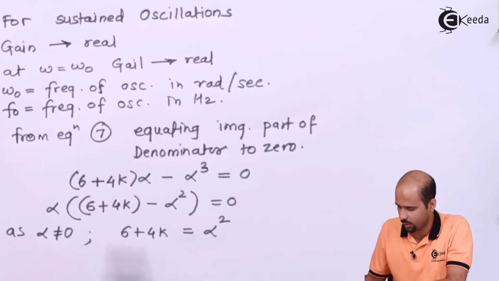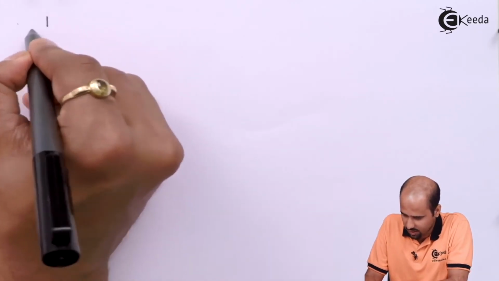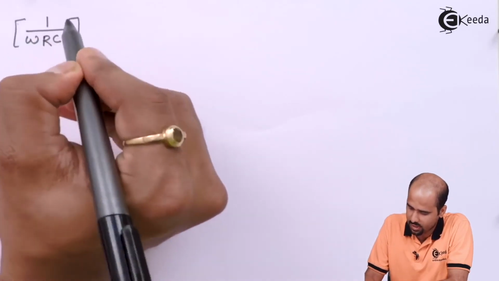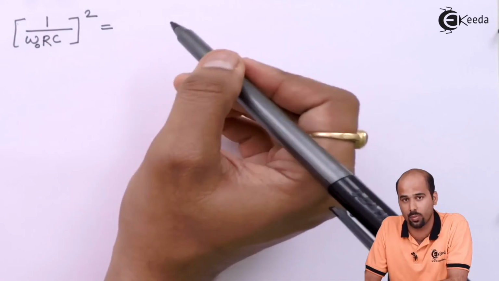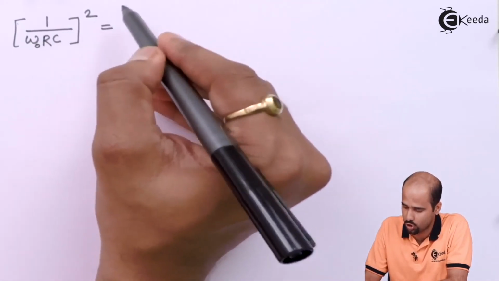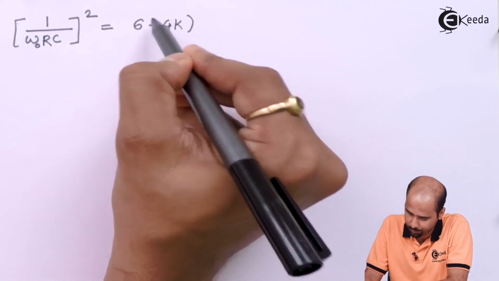Alpha is nothing but 1 upon omega RC, so (1 upon omega RC) the whole square, at omega equal to omega 0, is equal to 6 plus 4K.